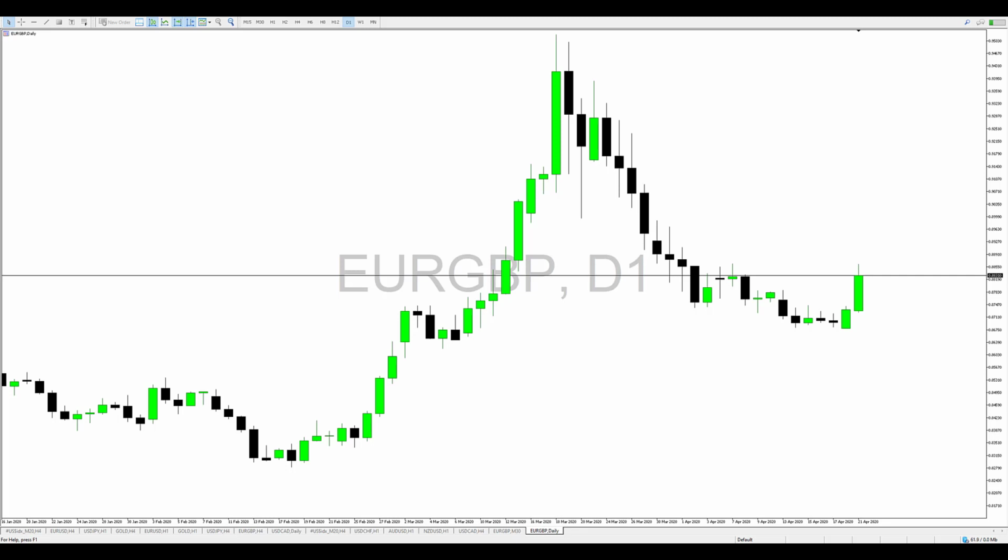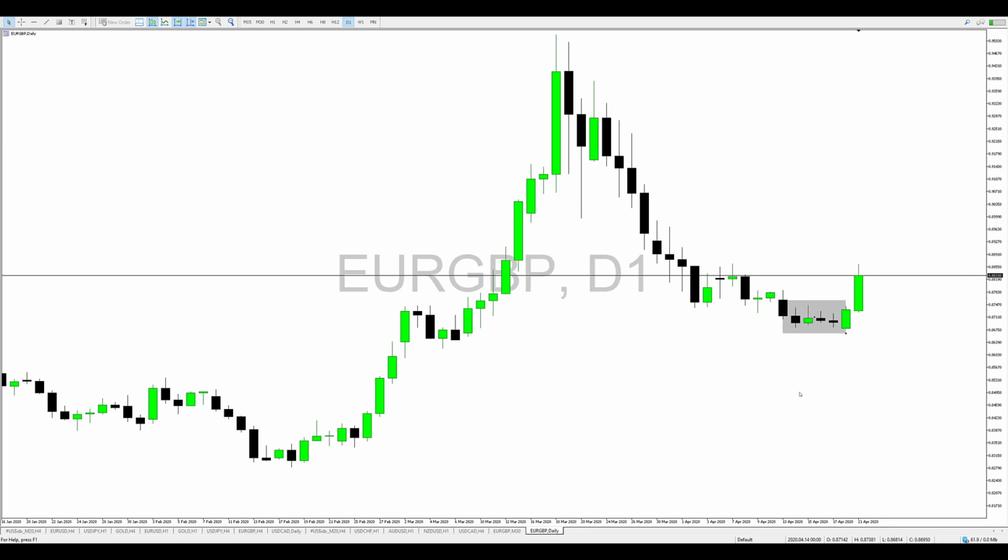So I've got a good example here. We've got the Euro GBP chart. As you have all noticed, price has been trading in a range from probably last week Tuesday. Price is trading in a range, the gray shaded area that I've highlighted.